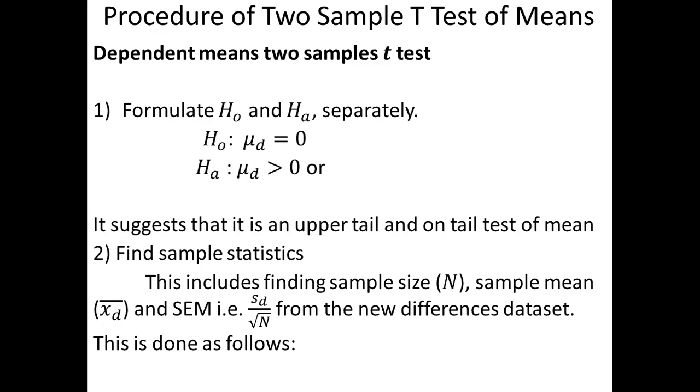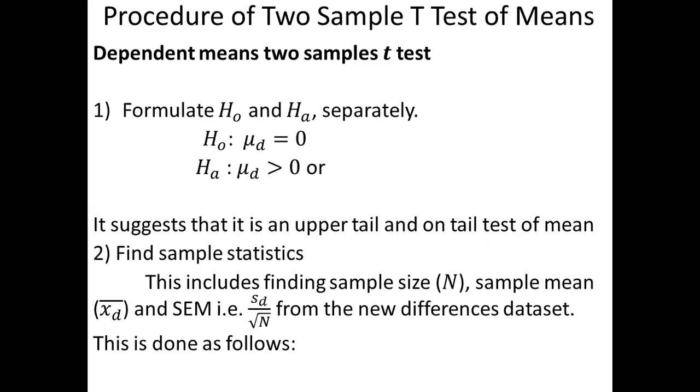Please note that mu d is the population mean of the population which is the differences population. And this differences population was obtained by subtracting the two subpopulations which were created in the single population, right?